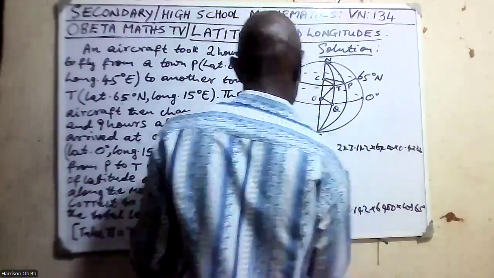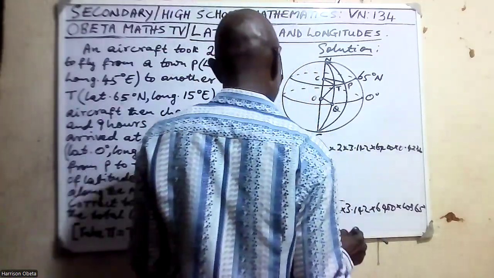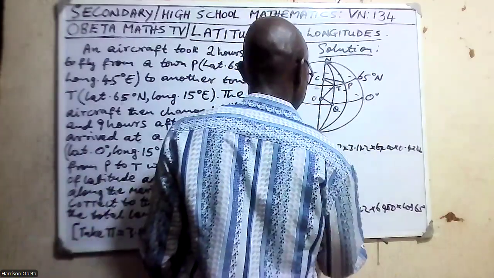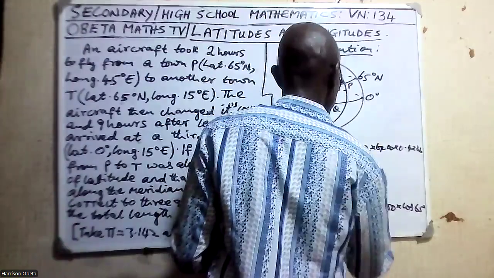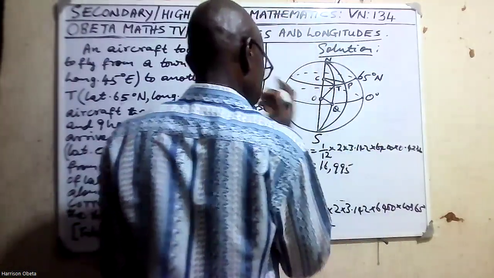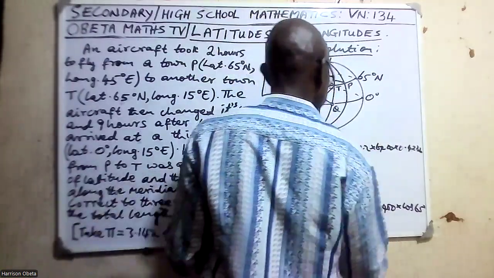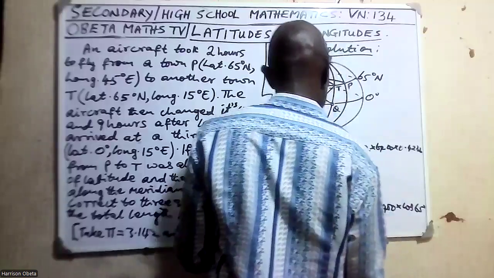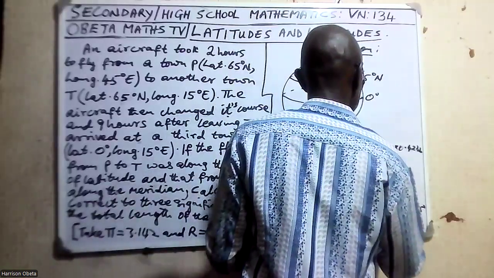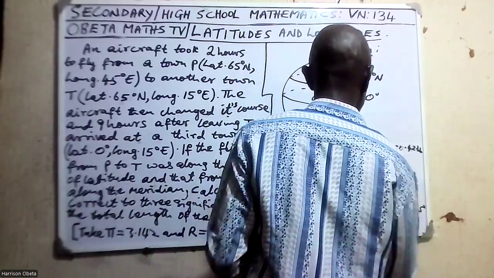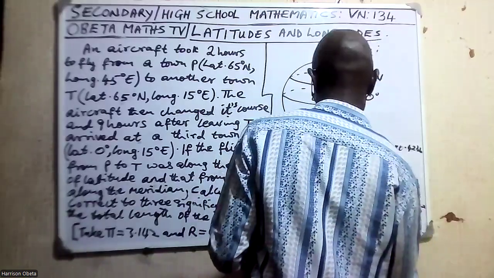That will give us 16,995.95776. We are dividing by 12.